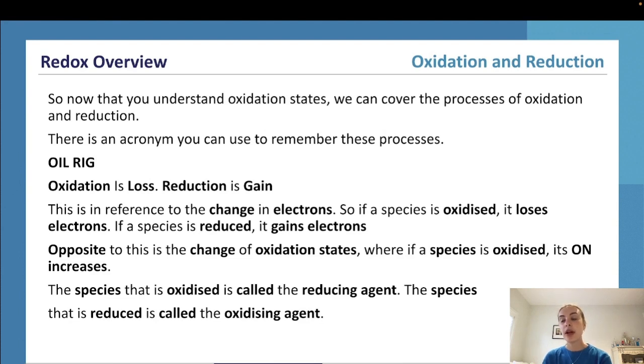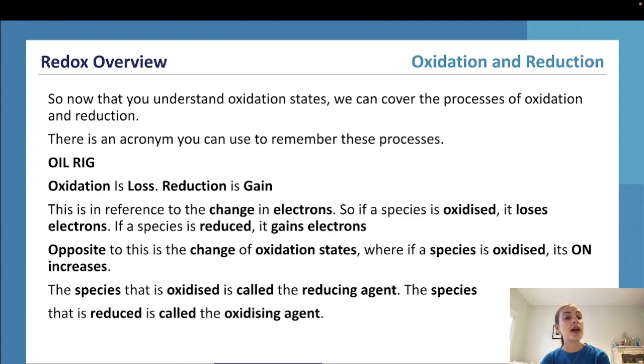So now we're going to go into talking about a redox reaction and a bit of an overview, understanding these oxidation states a little bit better with the application of oxidation and reduction, or our redox reactions. Now that you understand the oxidation states, we can apply these and cover our processes of oxidation and reduction.